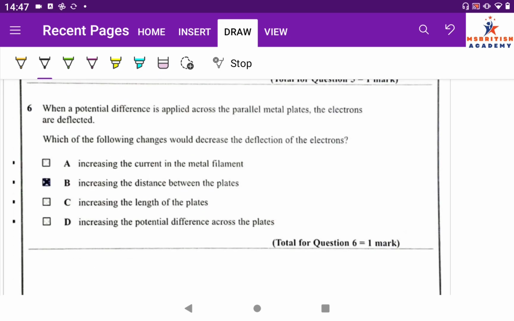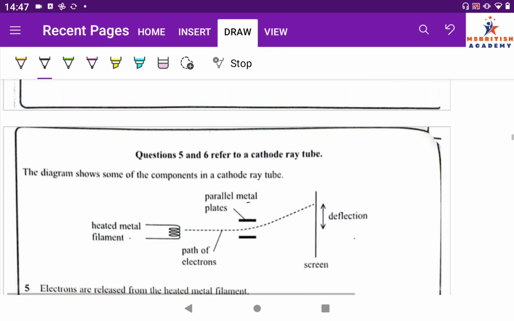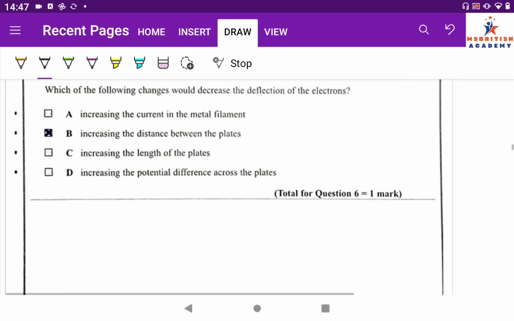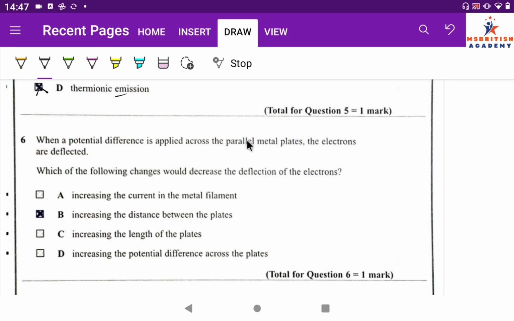Now, when a potential difference is applied across the parallel metal plates, the electrons are deflected.